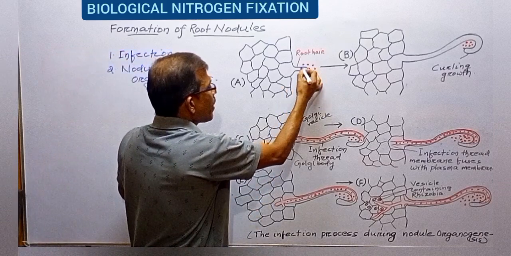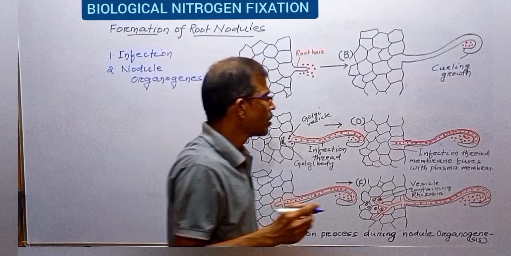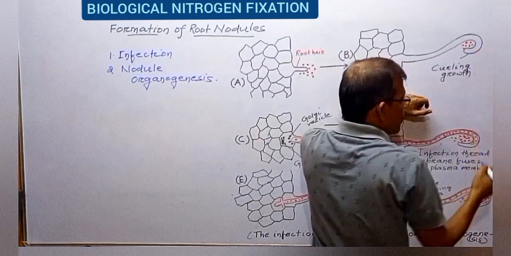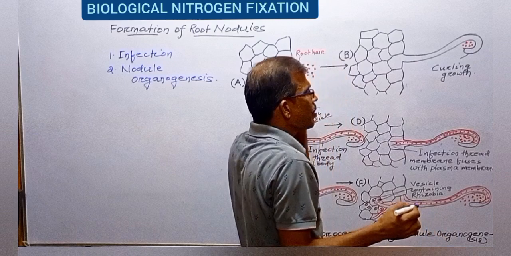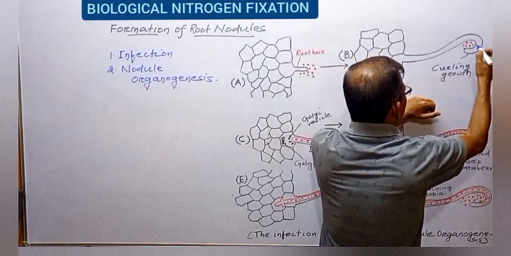Rhizobia usually infect root hairs by first releasing nod factors, which induce a pronounced curling of the root hair. Rhizobia become enclosed in a small compartment formed by curling.